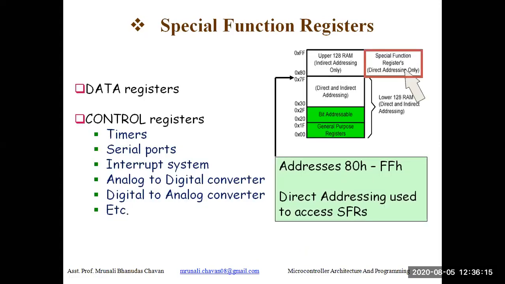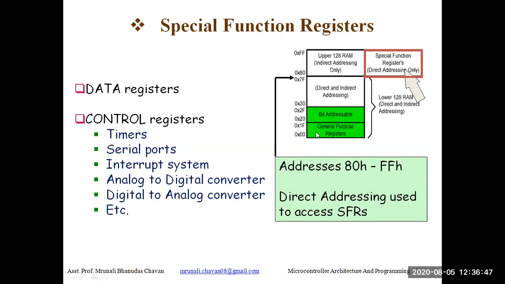Now we have to see the special function registers. As I previously told you, the 8051 microcontroller has a total of 256 bytes of internal RAM, and from that the lower 128 bytes are discussed previously.